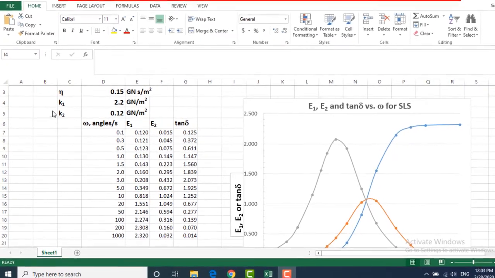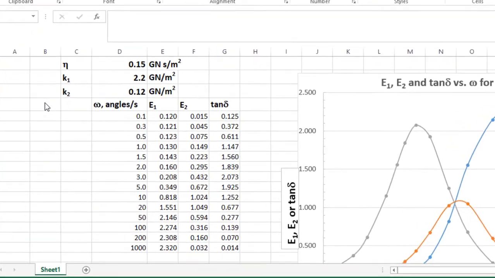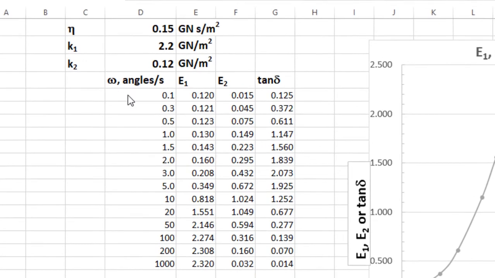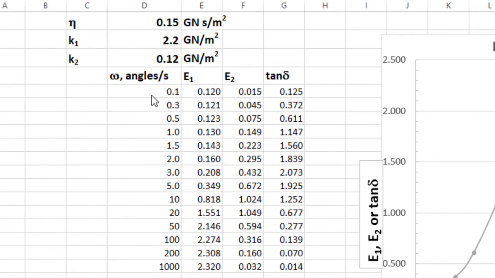So these are the values given in the question paper. Now we will create some data for different values of omega. We will find out E1, E2 and tan delta according to the equations that we have just developed for SLS.